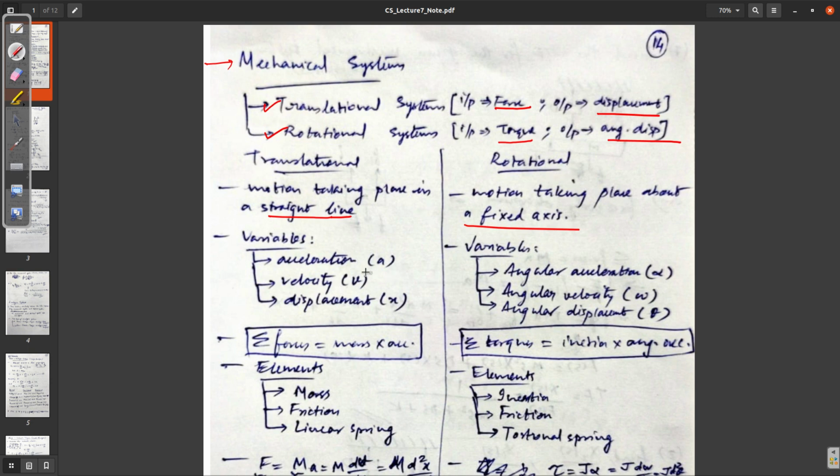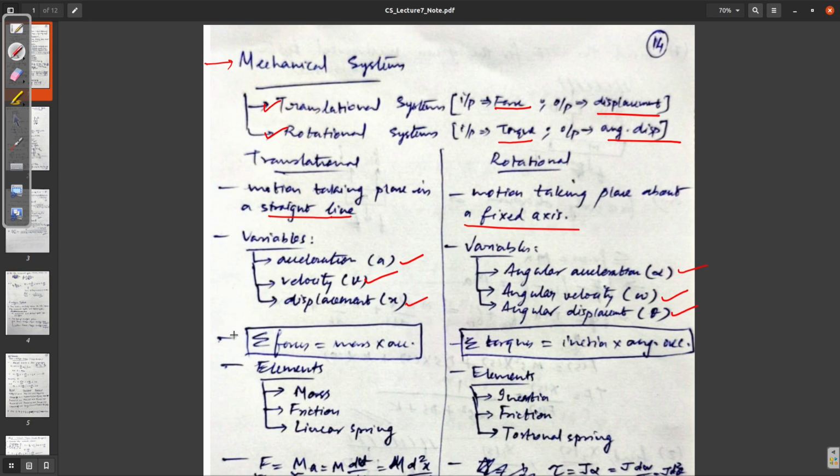Right, now the variables that we have to consider in a translational system are acceleration, velocity, and displacement. And what about rotational systems? Angular displacement, angular velocity, and angular acceleration. Now I'm just going through the basics.